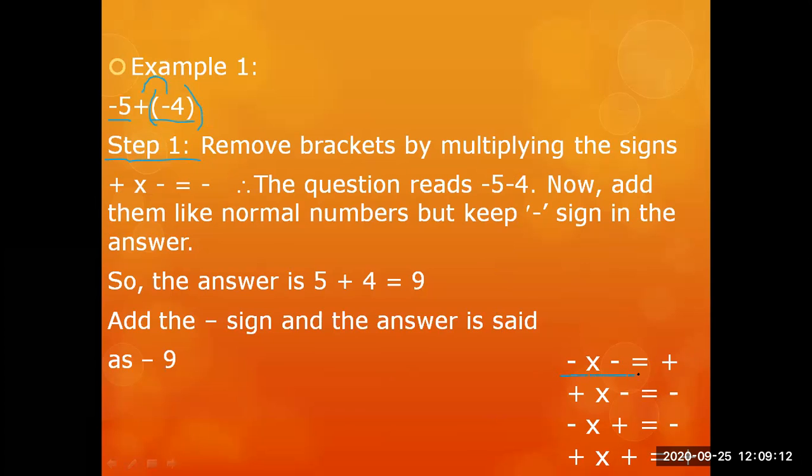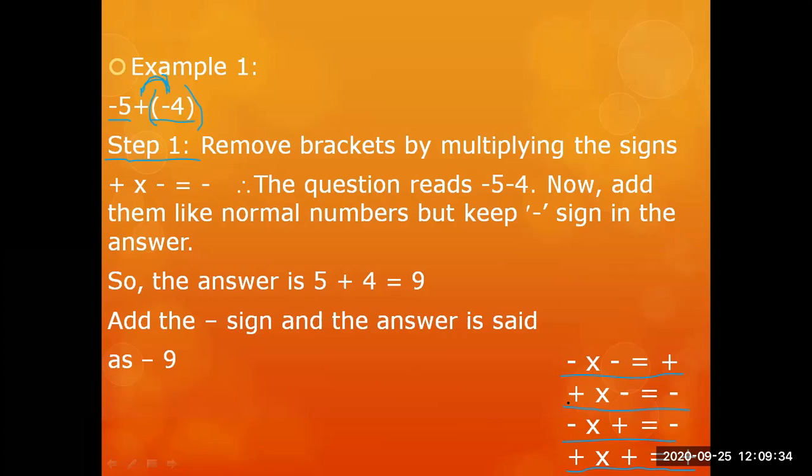So, minus into minus is plus, and plus into minus is minus, and minus into plus is minus, and plus into plus is plus. So, according to this, we have plus into minus.